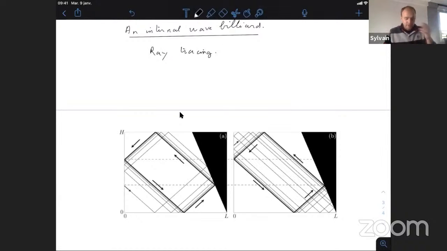You look at a particle starting from here, you impose the direction of the motion. This is the direction of the energy. Then you look at the condition of reflection. This is here due to the dispersion relation. Again, on the slope, you still have the same angle theta. And you continue the motion with this one.